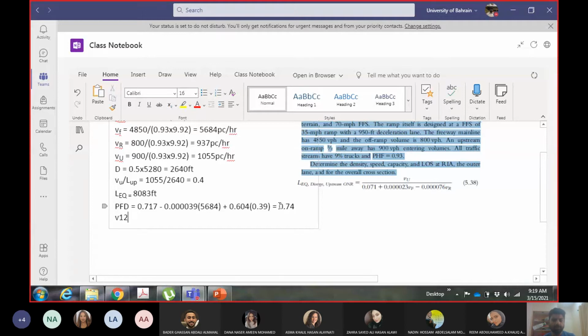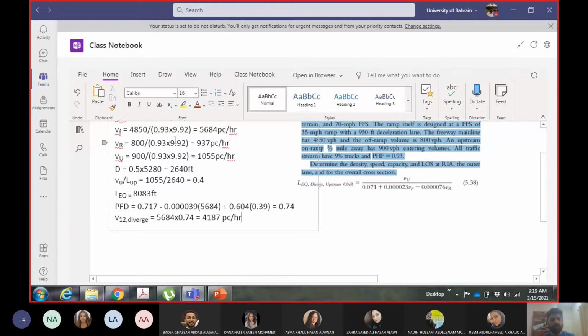So it will be V12 diverge and VF, which is 5684 multiplied by 0.74. Okay, how much is it? 4187.7. Okay, and the units are passenger cars per hour.